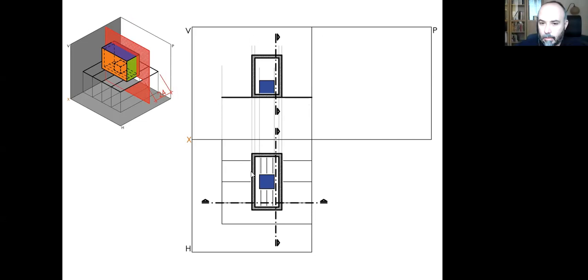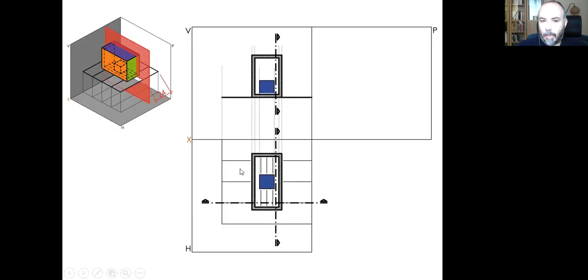I use this line weight to draw the edges of the cut surfaces and by continuous lines, and with this line type here, a dashed line with points in between, I am indicating the positions of the cutting planes, cutting surfaces here. As you can see, I am not cutting the blue cube because of this distance here.